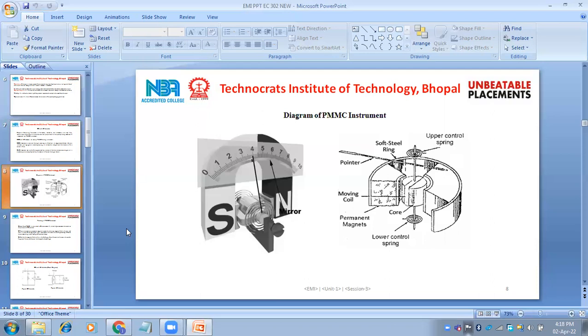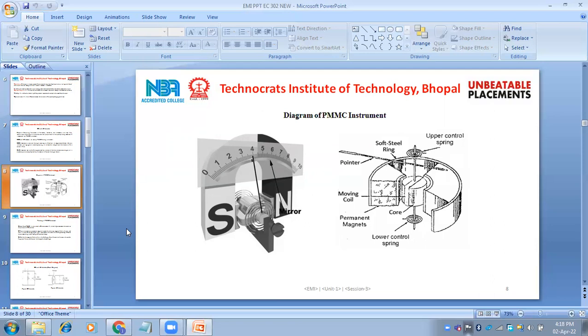There is a physical structure of the PMMC coil. It is constructed with various sections, like the core, and that core is connected with the upper control spring and lower control spring. So that core is mounted between permanent magnets.